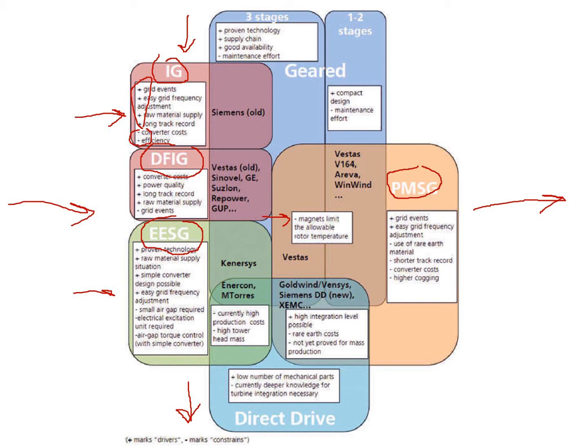Of course some combinations are more successful, more turbines are installed with this kind of system, but still the point is they all are feasible and possible to use. And this is the art of design, how to choose the best one from this variety. We see that, for example, Siemens on this slide used induction generators with 3-stage gearboxes. It was probably some old design, so maybe this is not very modern, but it used to be quite popular.